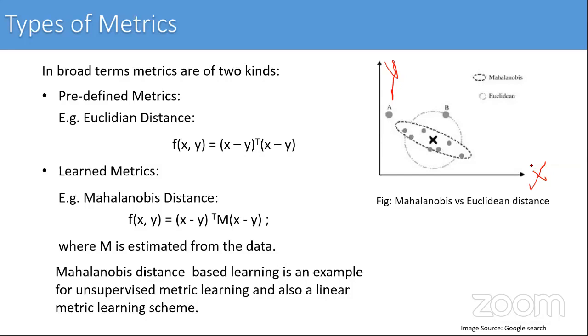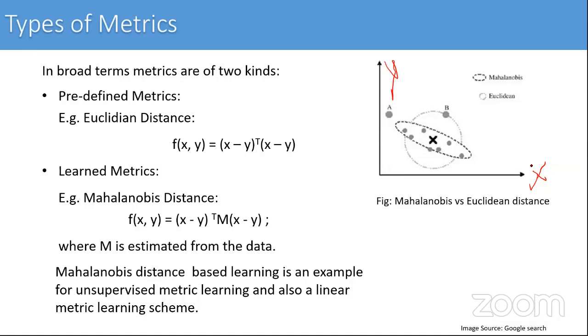There are also use cases where the scales of x and y are completely different. X might be in the 1.1, 1.2 kind of range, and y will be in the thousands. Then Euclidean distance will be biased towards that higher scale.